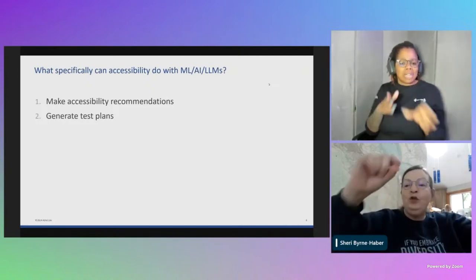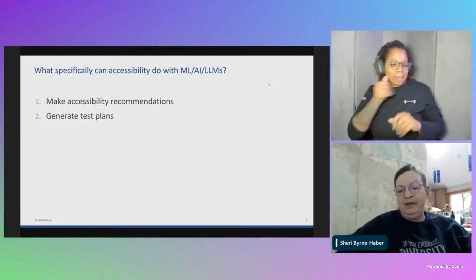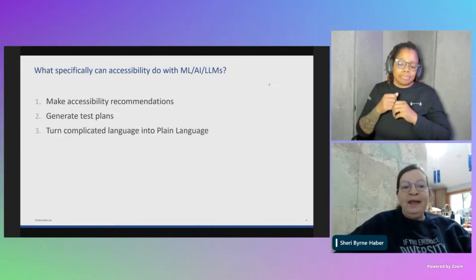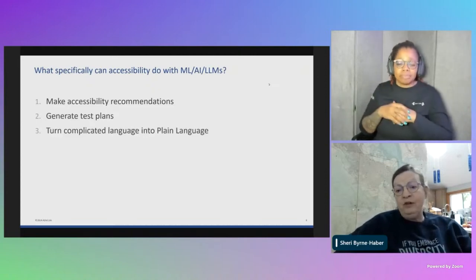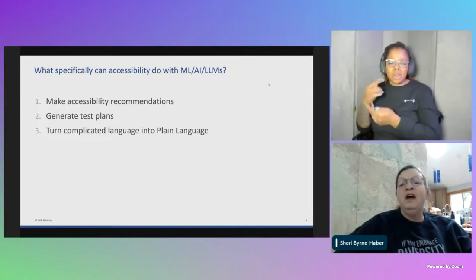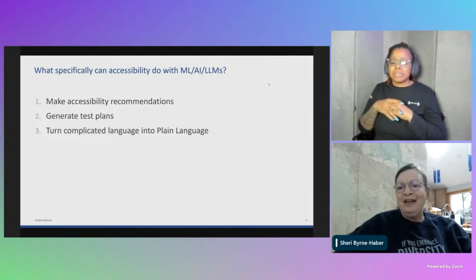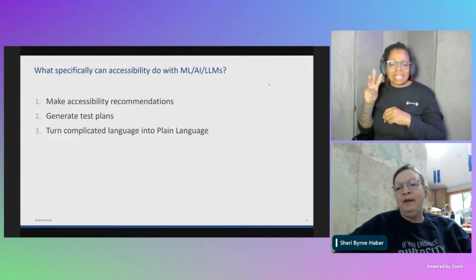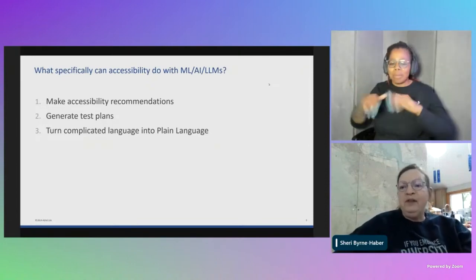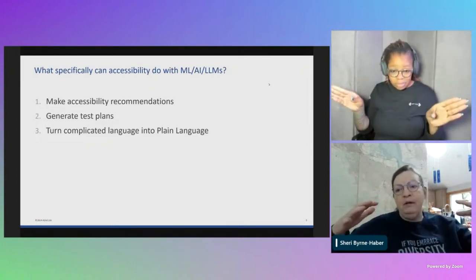The more data you provide in the query, the better the results are going to be that you get back for your test plan. It can turn complicated language into plain language. We don't spend enough time focusing on this in the field of accessibility because it's not a W3C requirement yet. But the average reading level in the United States overall, generally, is 8th grade.